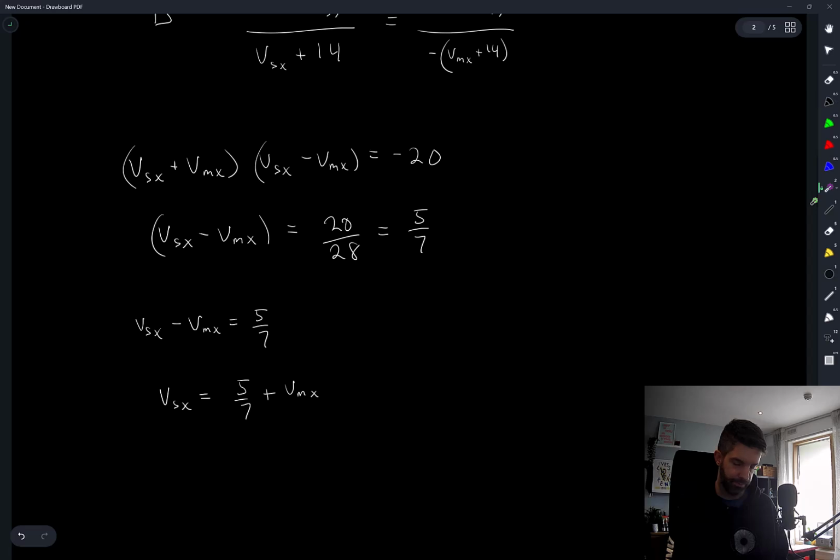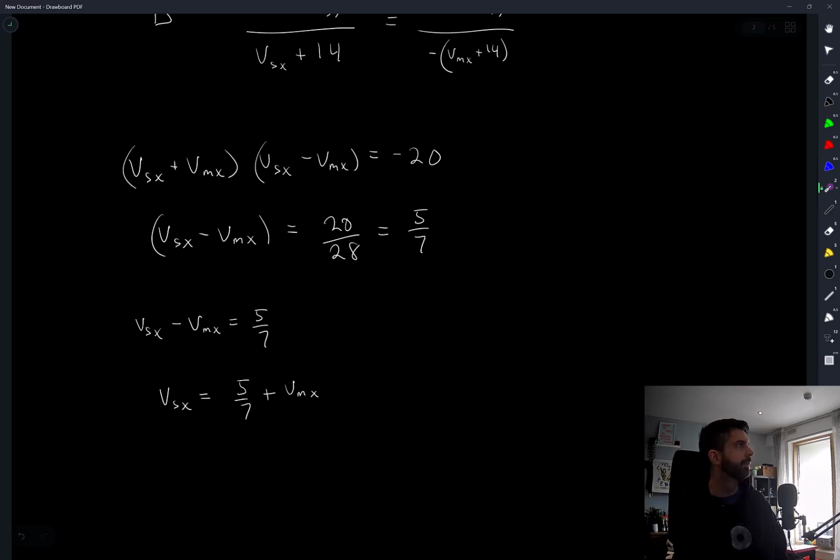Now, does this make sense? This is negative. So in magnitude, this is going to be smaller than that in magnitude. Right? Well, not quite.